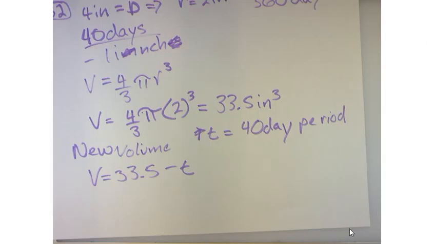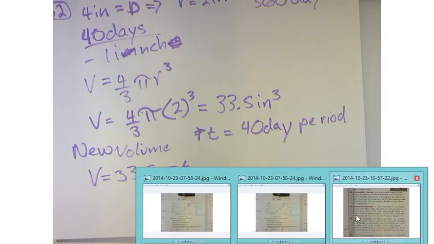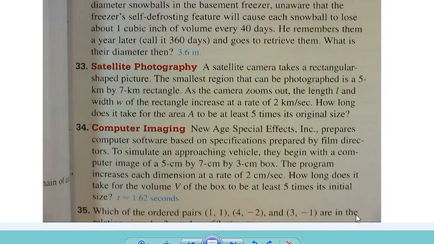Let me read this again, because as I look at it, I want to make sure. Here's the thing that I didn't catch the first time. Jake stores a small cache of 4-inch diameter snowballs in the basement freezer, unaware the freezer self-defrosting feature will cause each snowball to lose 1 cubic inch of volume.